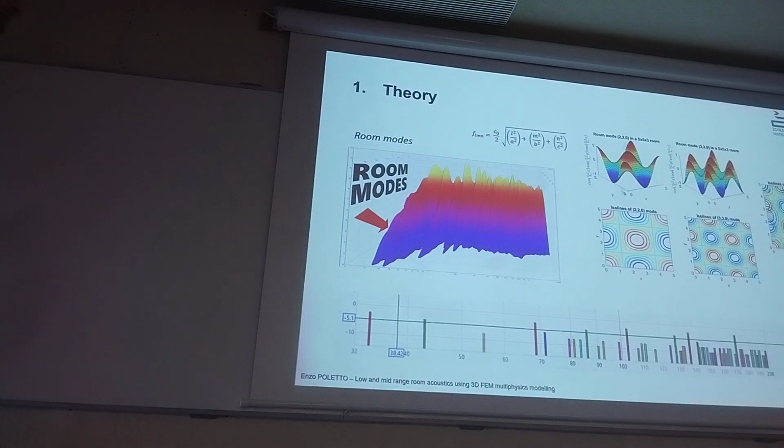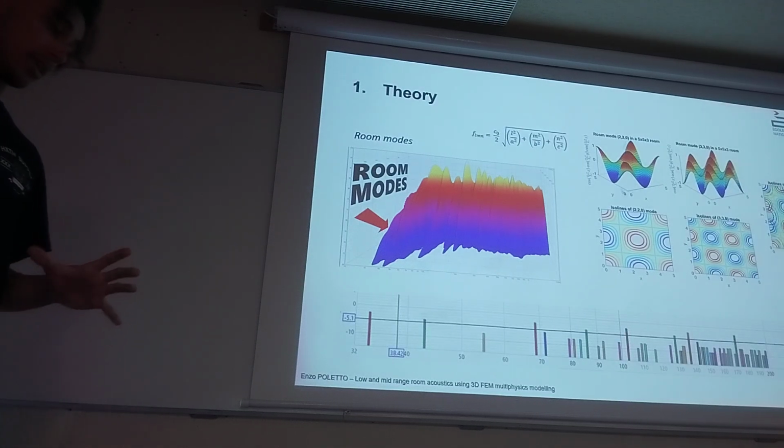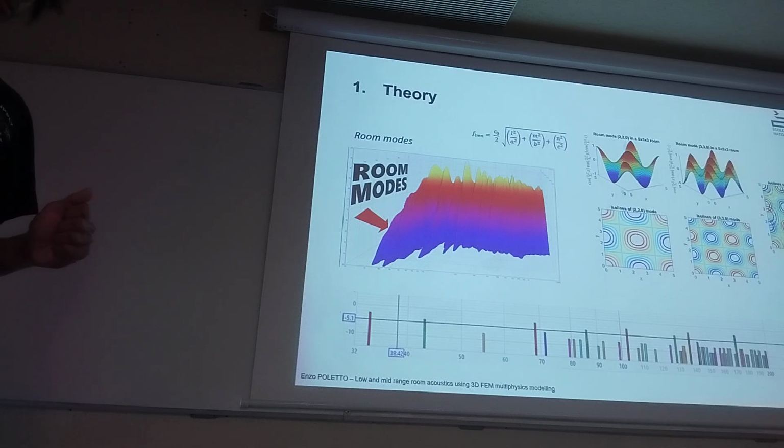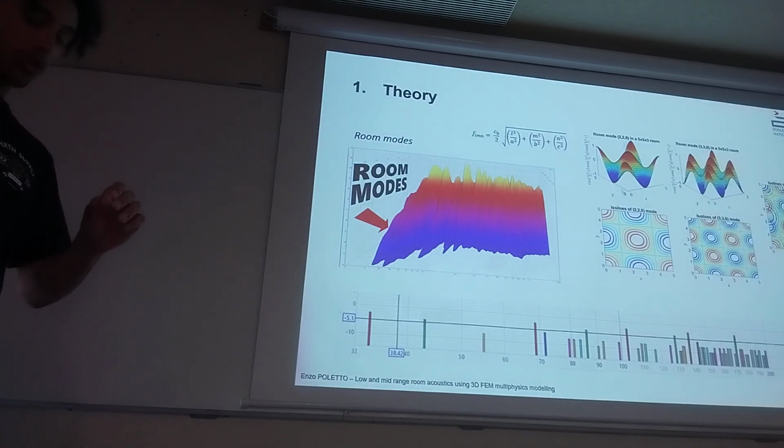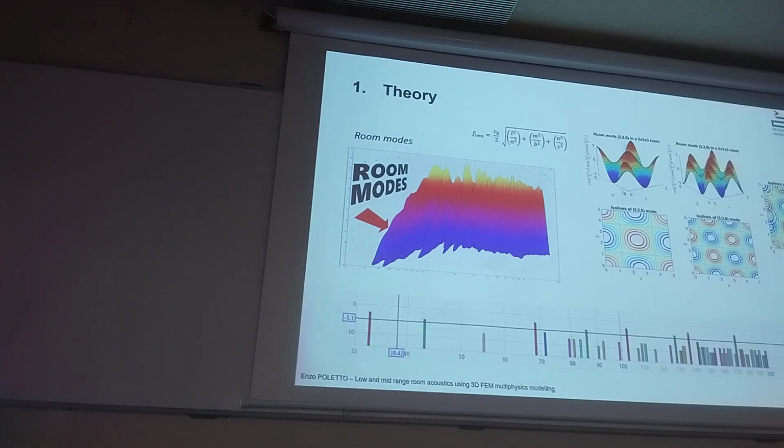Now, room modes. Modes are static energy-based wavefronts. At some positions in the room, at certain frequencies, I'm going to have more acoustic pressure than in others, and that's what we see in those isosurfaces.